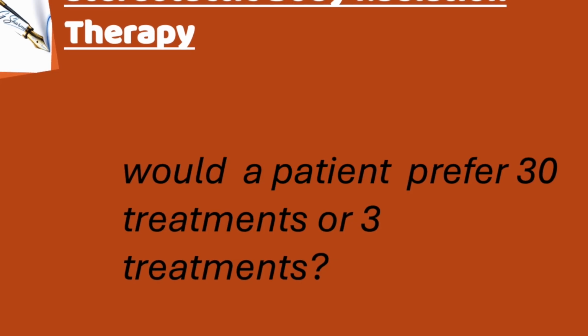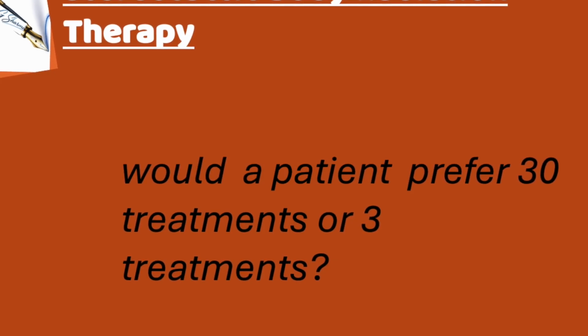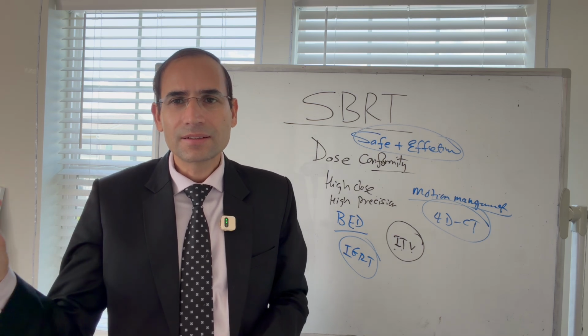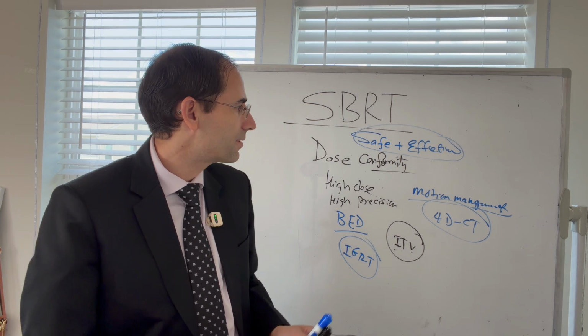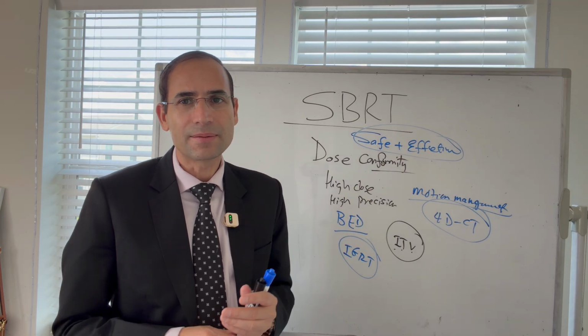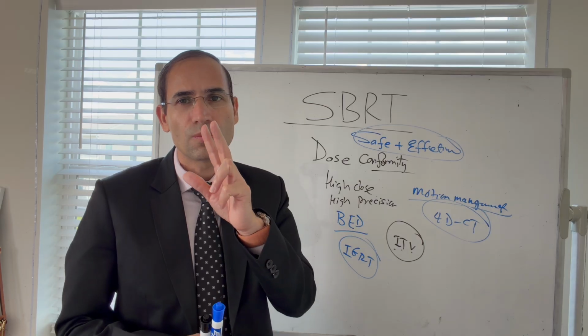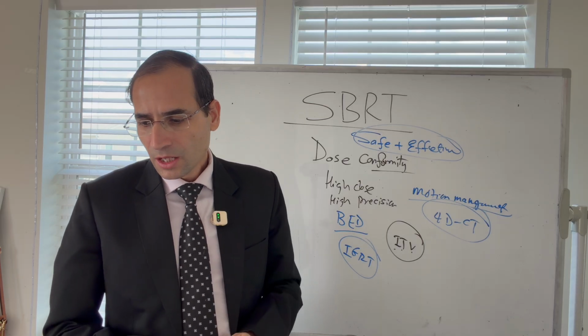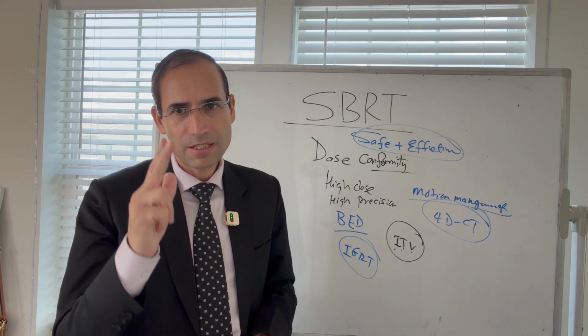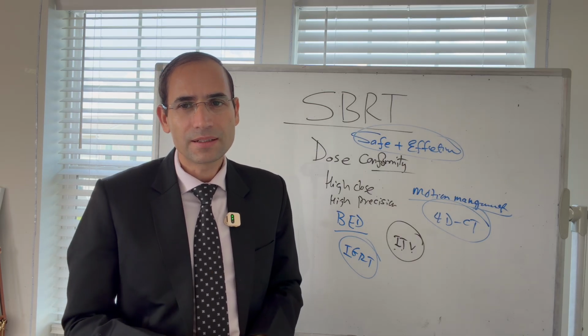But remember that you can choose 3 fractions instead of 30 only if it is safe and effective. Safe and effective are the two mantras here. That is exactly what SBRT aims to achieve. It must be safe, it must be effective.